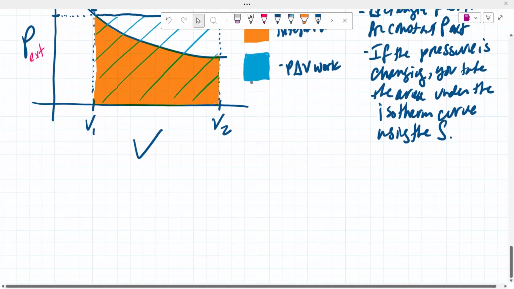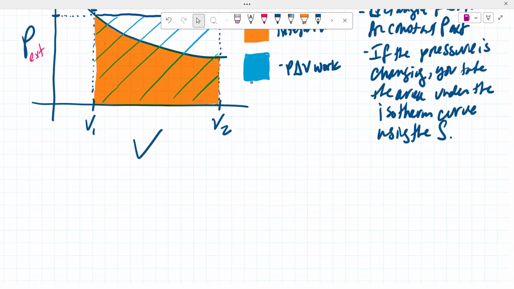Okay, integrating under the isotherm represents the minimum work that could be expended to achieve delta V. Just notice that that one is smaller than the blue hatched area.